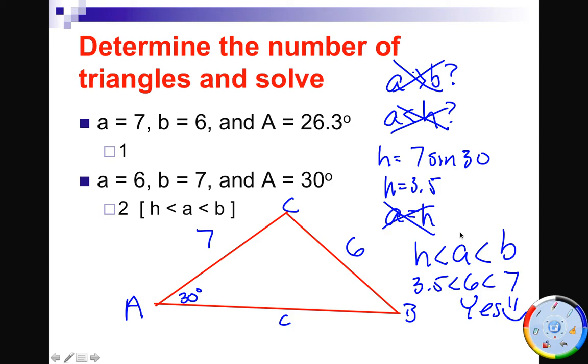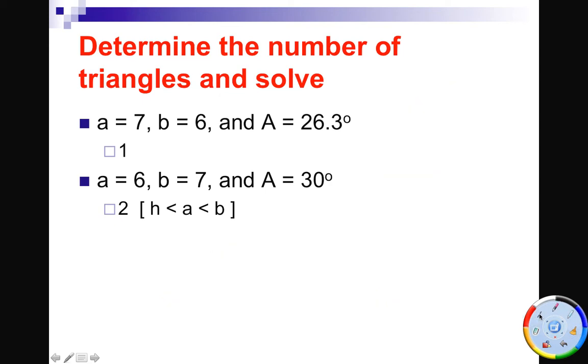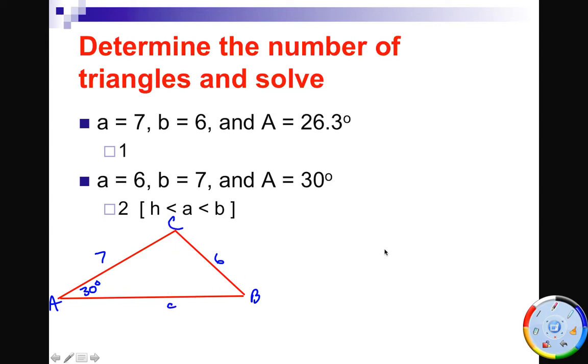That means we have to figure out what the two triangles are. So I'm going to erase this and draw two triangles. We already have the one that was given to begin with, and the question is, what's our other triangle going to look like?